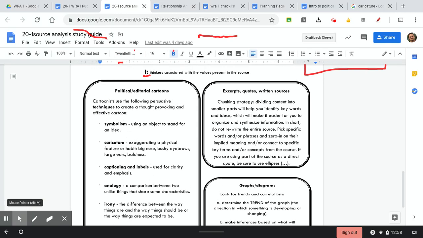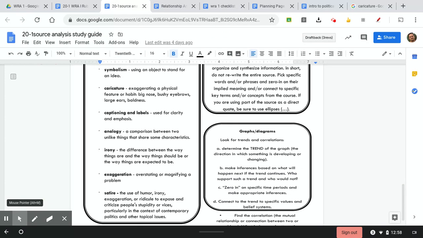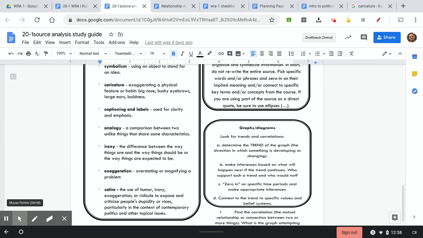The next one is irony. Sometimes irony is easier to understand with examples. But essentially, irony is the difference between the way things are and the way things should be, or the way things are expected to be. Let's think of some examples of irony. Try to think of one on your own.